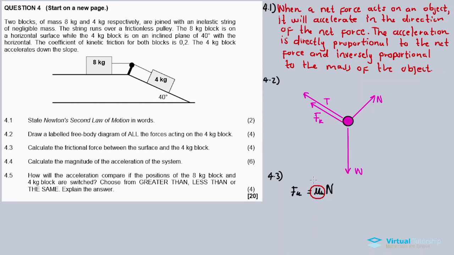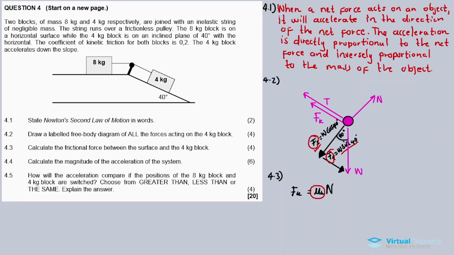The normal force is equal to the perpendicular component of the weight. This is the weight, the perpendicular component is this force, equal to the normal force. The perpendicular component is equal to weight times cos 40 degrees, and the parallel component is weight times sine 40 degrees.